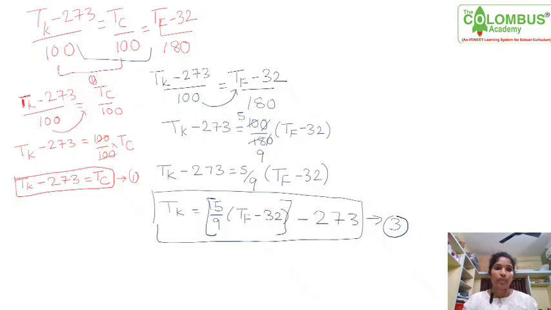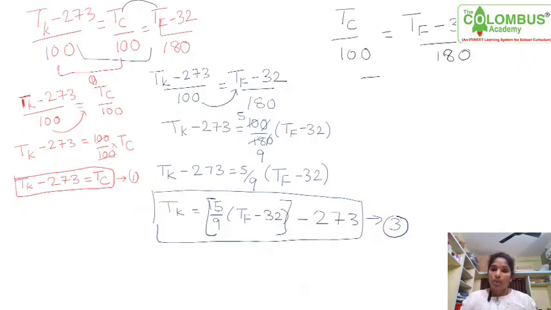Now we will try to build another relation. So we completed Kelvin and Celsius, Kelvin and Fahrenheit. Now it's the turn of Celsius and Fahrenheit. Temperature in Celsius divided by 100 equals temperature in Fahrenheit minus 32 divided by 180. Right?